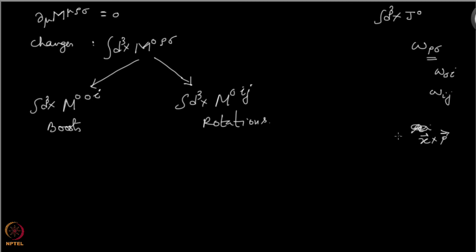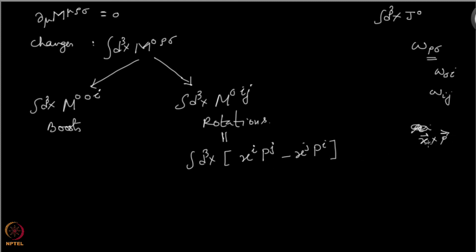Which means if I am looking at the charge which gives you angular momentum, then you expect that its structure should be of this kind. It will be something like x_i p_j minus x_j p_i, x cross p.